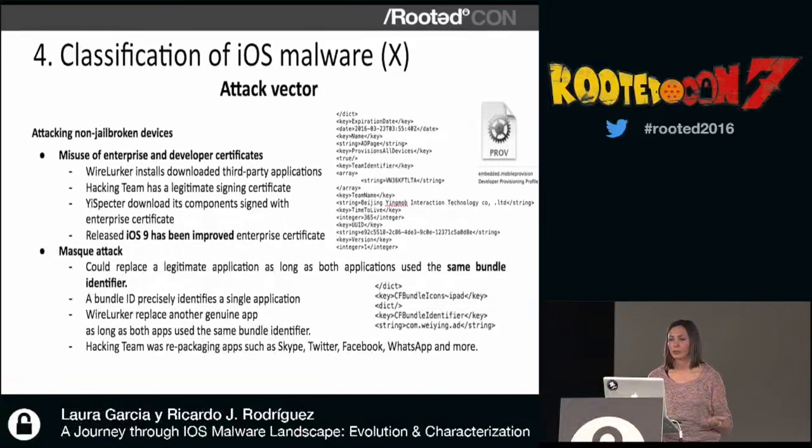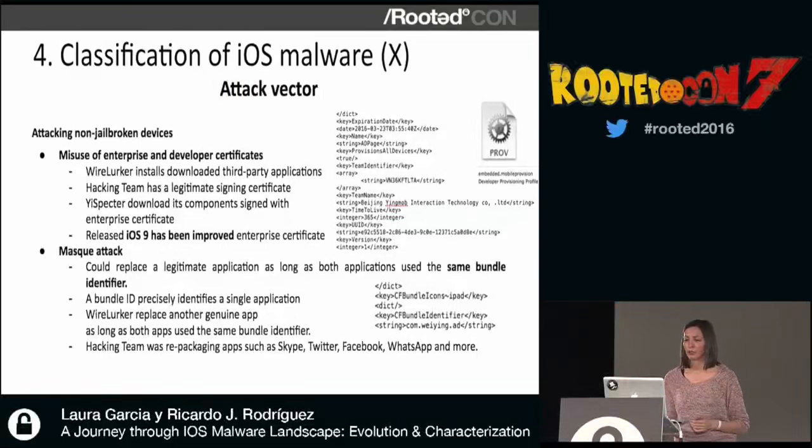Another kind of non-jailbroken attack has to do with the Masque Attack vulnerability, which allowed replacing legitimate applications with modified ones to extract information.